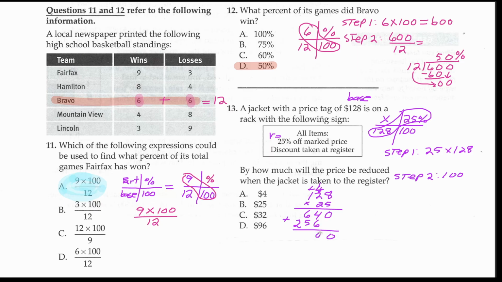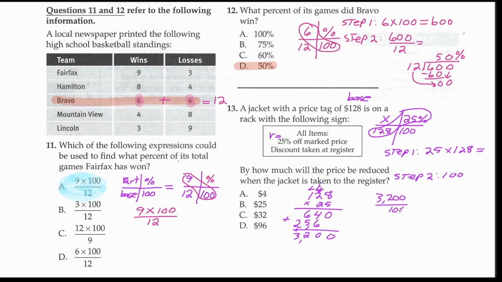I have 10. Carry 1. I have 12. Carry 1. So I have 3 here. Now that is the answer for step 1 here, which is 3,200.